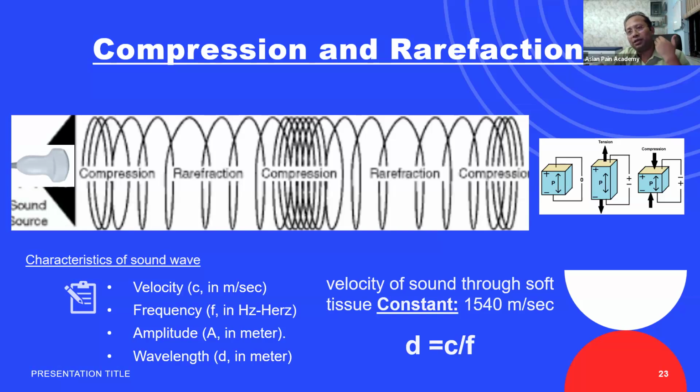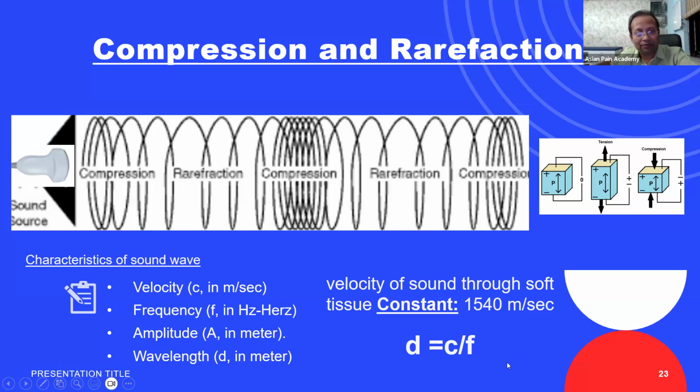There may be muscle, bursa, tendon, and these have some differences in velocity. But for calculation purposes, the velocity of sound through all soft tissue is assumed to be constant, that is 1540 meters per second.